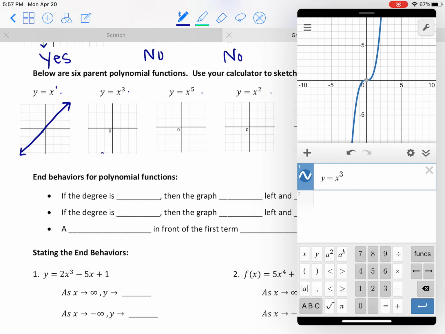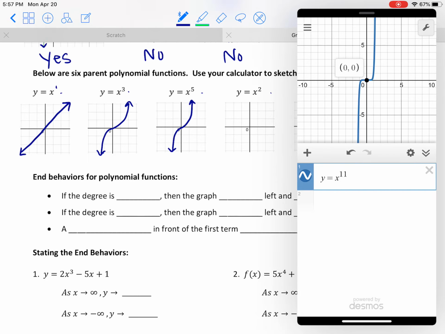Okay, if I put in y equals x to the third power, then our graph looks like this. If I change that third power to a fifth power, it just looks a little narrower. And if I was to change it to a seventh power, narrower, a ninth power, narrower, an 11th power, even narrower.